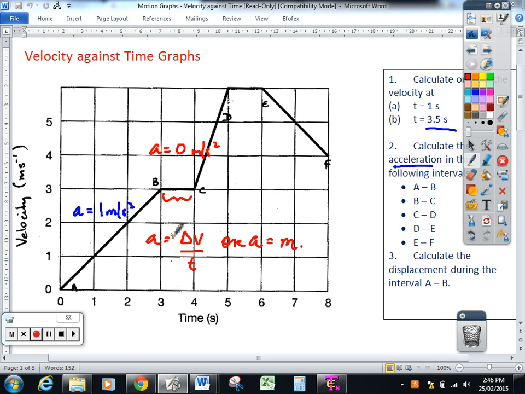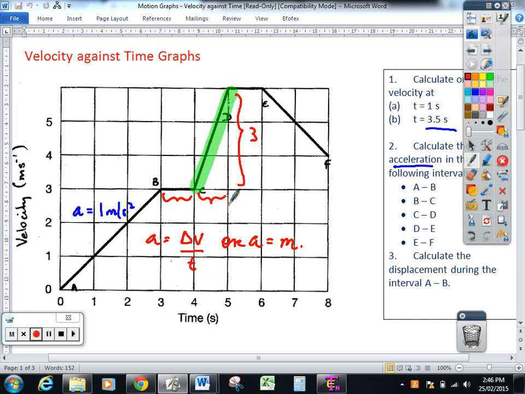Okay, what about C to D? Let's use the gradient. The gradient's the easiest way to do this. What's the vertical rise? 3.